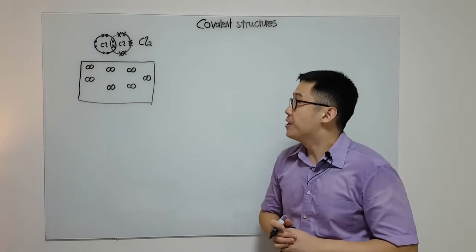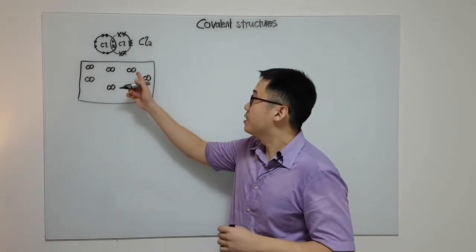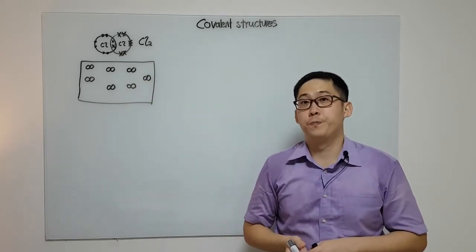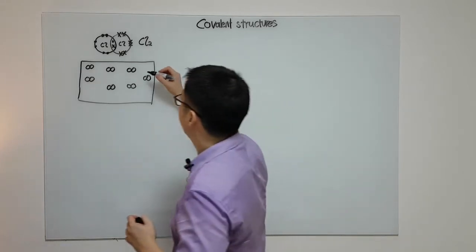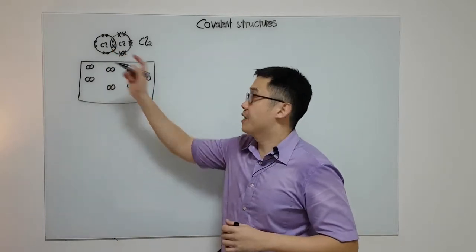Now, students, as you can see in this picture here, each of these is a diatomic chlorine molecule. Within the molecule itself, the bond is magnified as such.